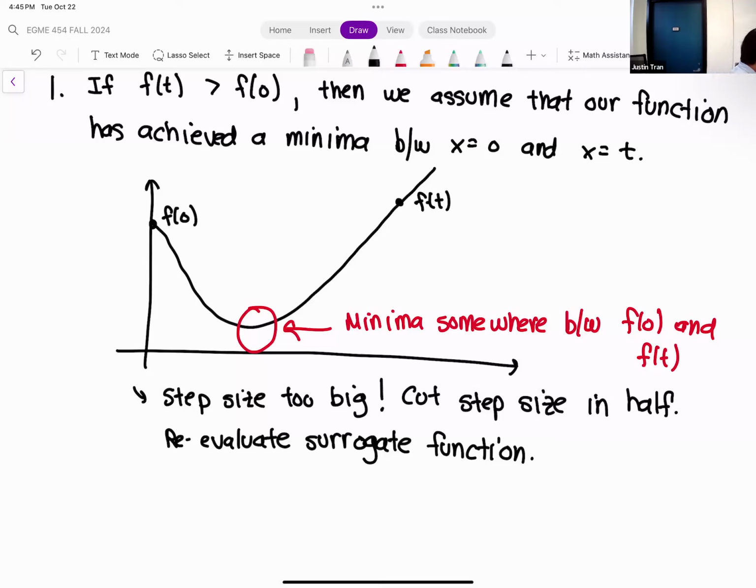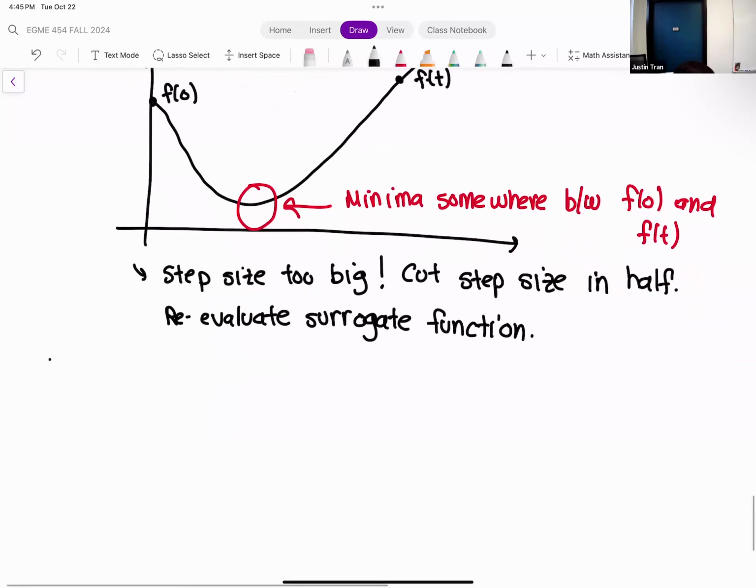At this point, we're not locating the minima itself. We're just making sure that the window in terms of where we're looking is adequate. Any questions on this? Okay, good. So that's what happens when the step size is too big.